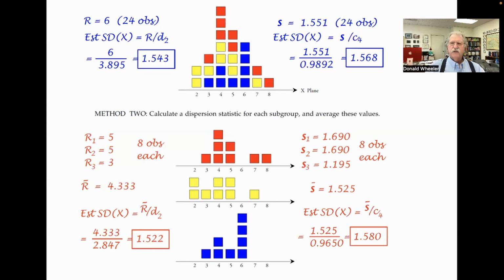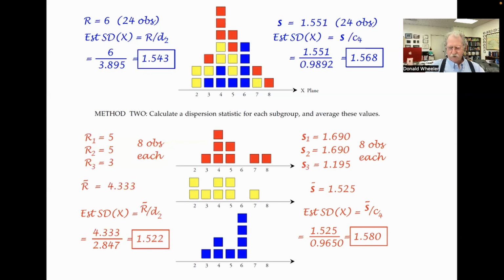Now we have just estimated one parameter 4 ways using 2 different statistics and 2 different methods. We have a 1.55, 1.57, 1.52, and a 1.58. All very cozy. Well, that's method 2.